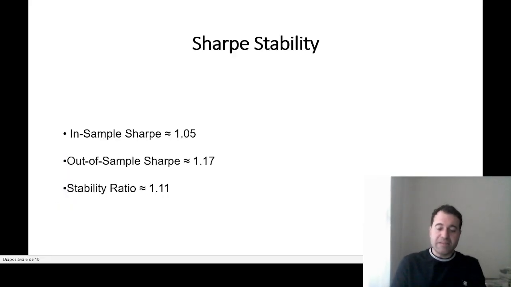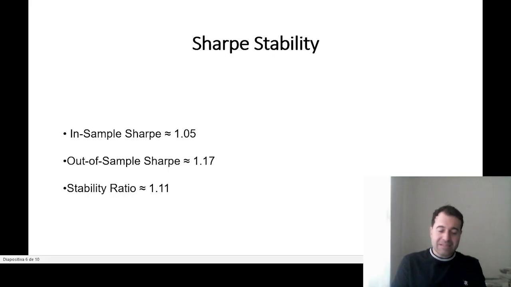Sharpe stability. Now, let's talk about Sharpe stability. The in-sample Sharpe ratio was around 1.05. The out-of-sample Sharpe was actually slightly higher, around 1.17.